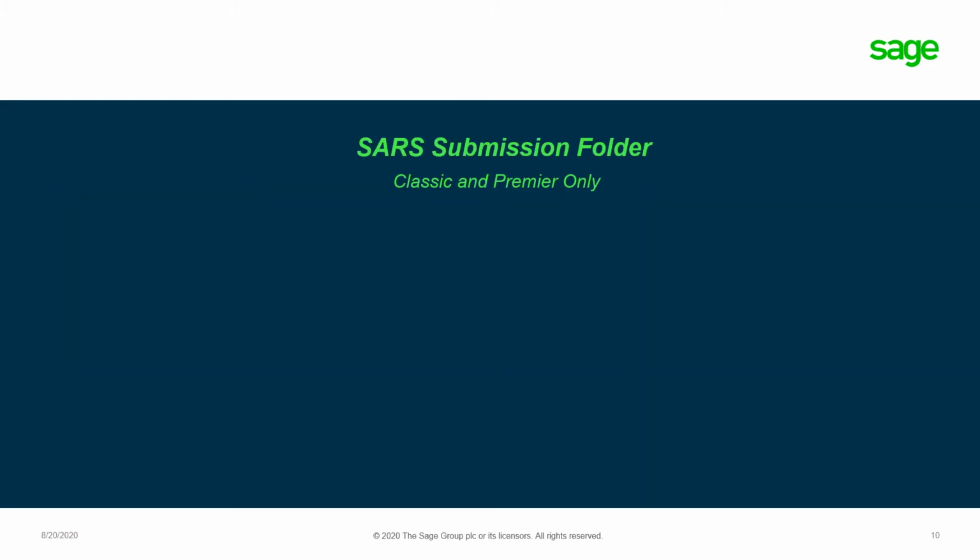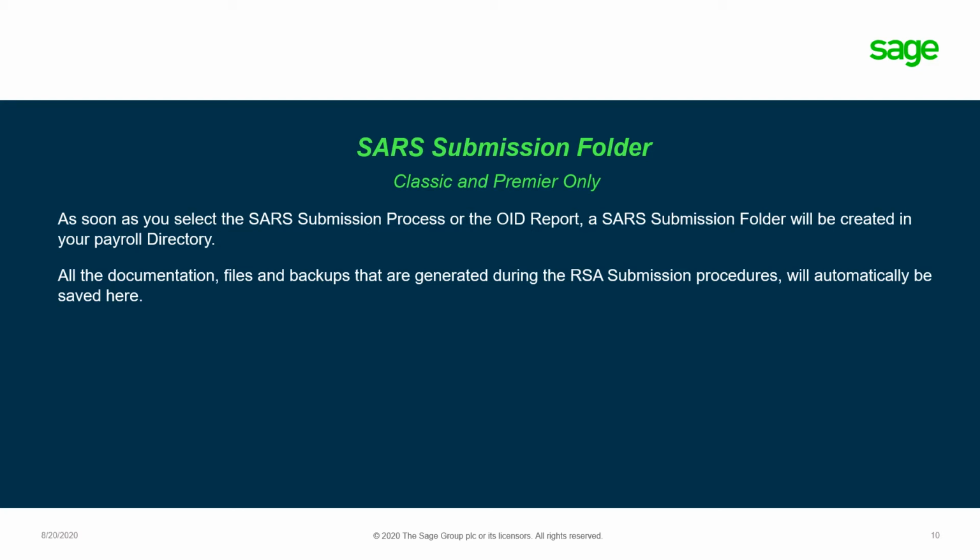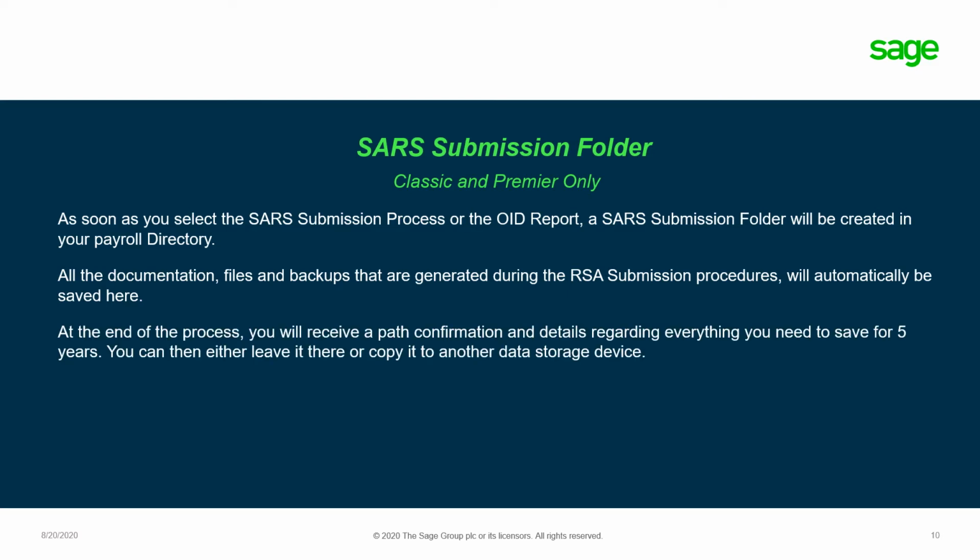SARS Submission folder, Classic and Premier customers only. As soon as you select the SARS submission process or the OID report, a SARS submission folder will be created in your payroll directory. All the documentation, files and backups that are generated during the RSA submission procedures will automatically be saved here. At the end of the process, you will receive a path confirmation and details regarding everything you need to save for 5 years.